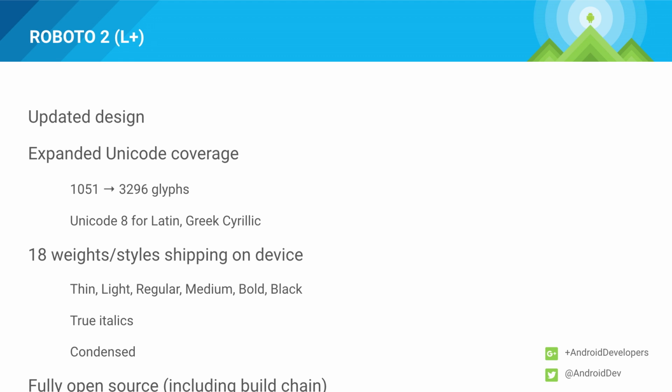In addition, the Roboto II font is completely open source, and that includes not just the final TrueType font files, but the entire build chain. So you can go in there and customize it and play with it, and send us pull requests. And we really treat almost everything we do in a very open source manner.